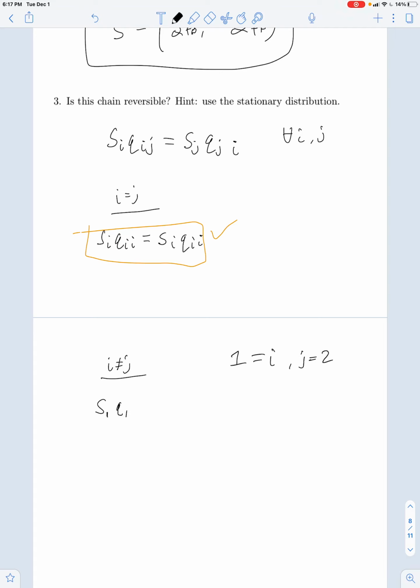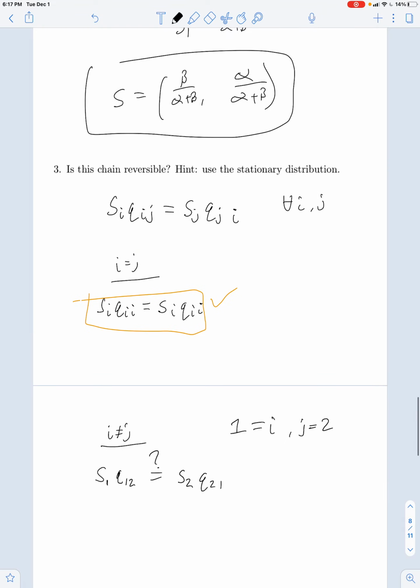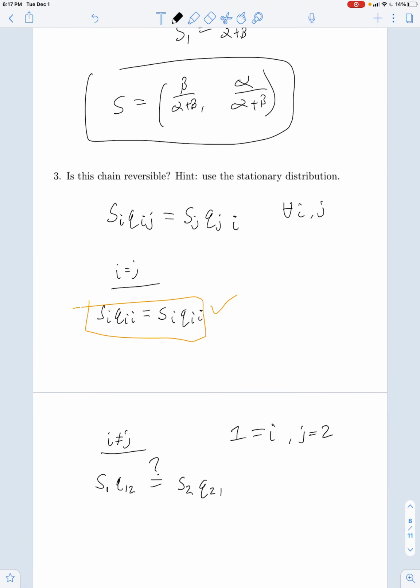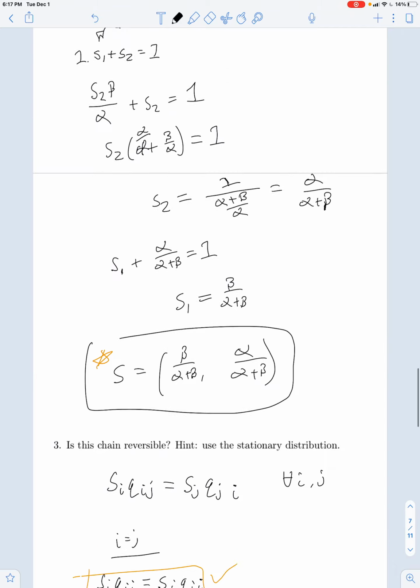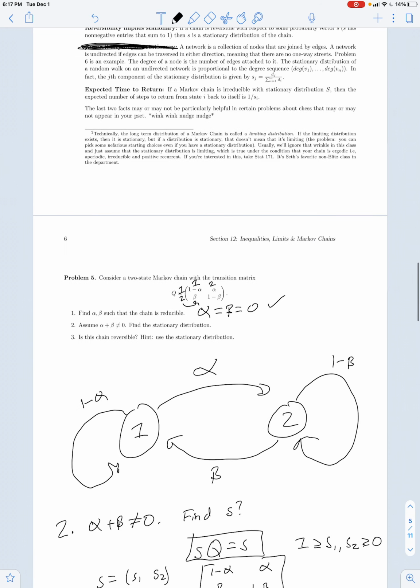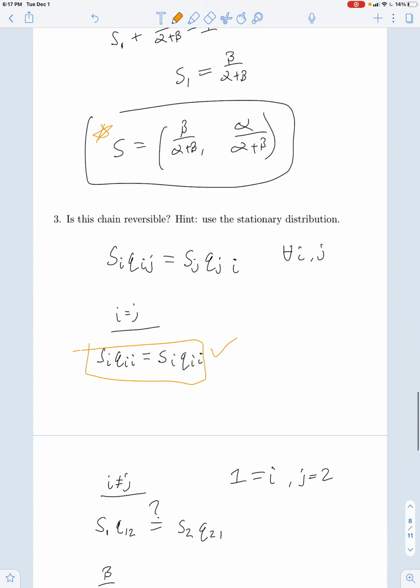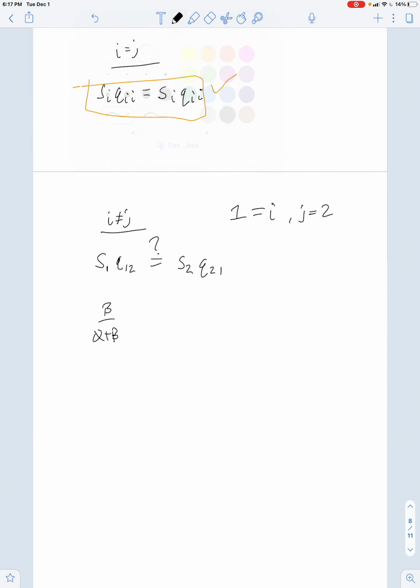So, S1 Q12, and we hope that this is equal to S2 Q21. Okay? And we're using this stationary distribution S here. So S1 is beta over alpha plus beta. And what is Q12? If we go back to the chain, Q12 is right there. It's equal to alpha. So this is beta over alpha plus beta times alpha.